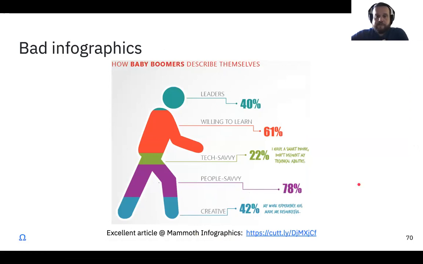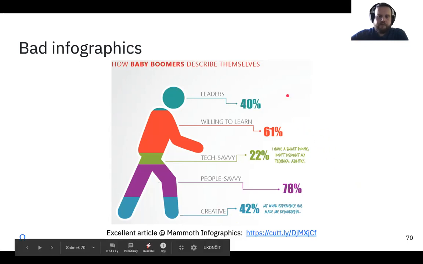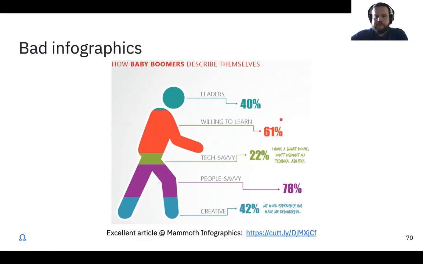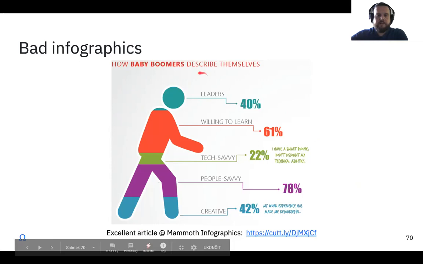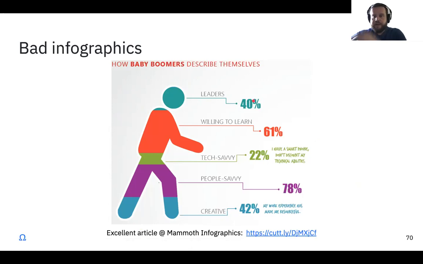So this is a ridiculously bad infographic, right? It doesn't sum up to 100%. So you can immediately see that the total value is way higher than 100%. So you would kind of expect that you would say that the baby boomer generation, this is one of them, and it would give you the ratio of his or her skills.